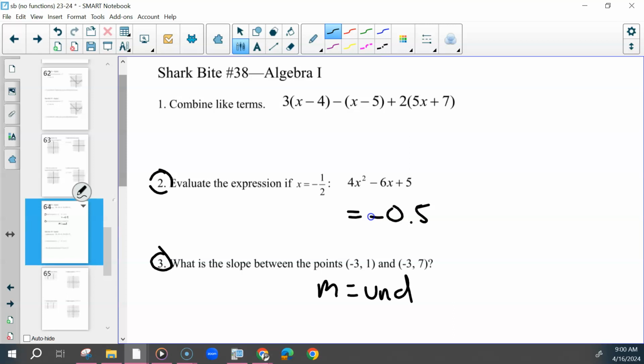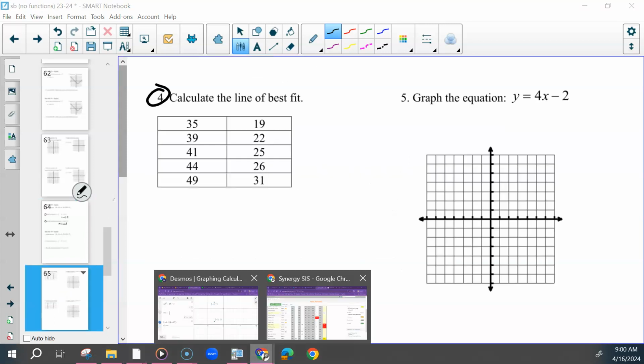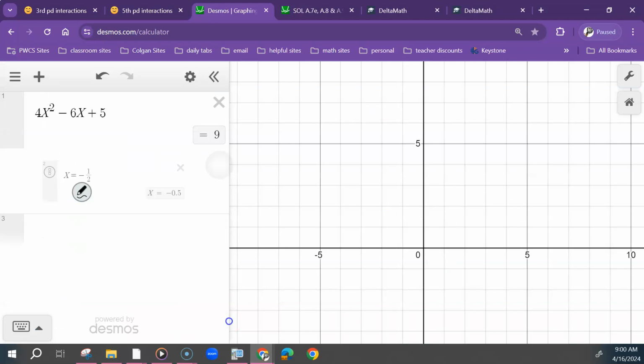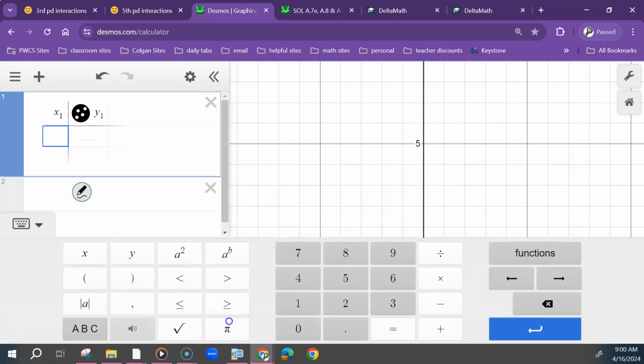And then for number 4, finding the line of best fit, you could do that in the calculator or in Desmos. Make a table, add in all of those points.